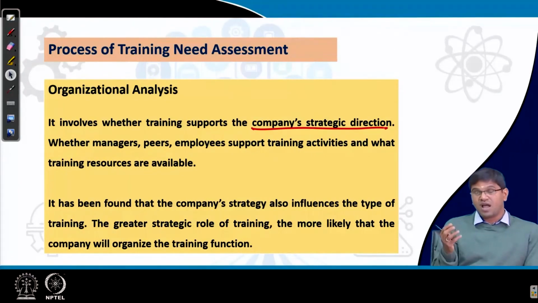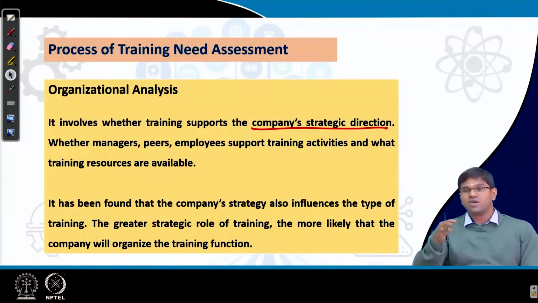So strategy plays a very critical role in determining what type of training we need. In the previous example, a technology company designing a new tool will focus on providing training to employees on new tools or new technology, or on the way you conduct R&D or your research capabilities.